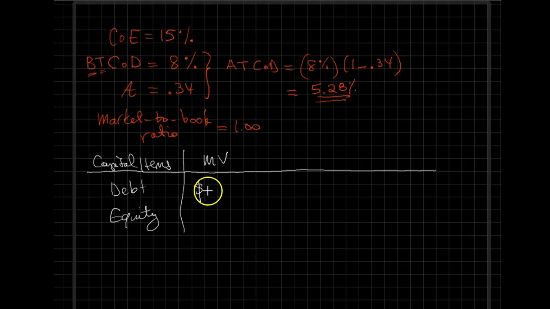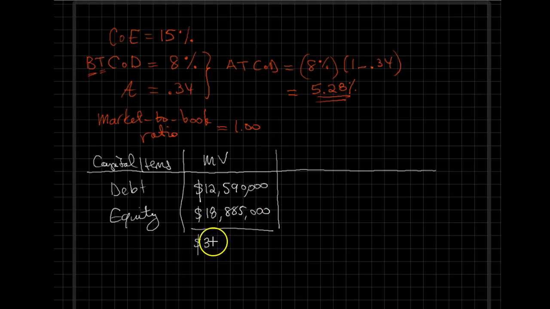The debt figure in our accounting books shows up as $12,590,000, whereas equity was valued at $18,885,000. Now we will make use of these figures, liabilities and equity for that firm, which is $31,475,000.